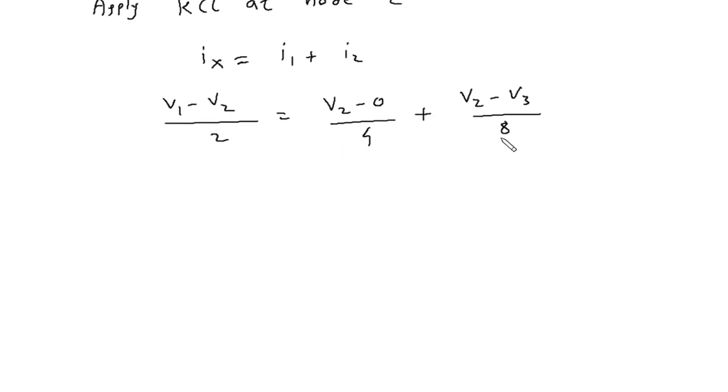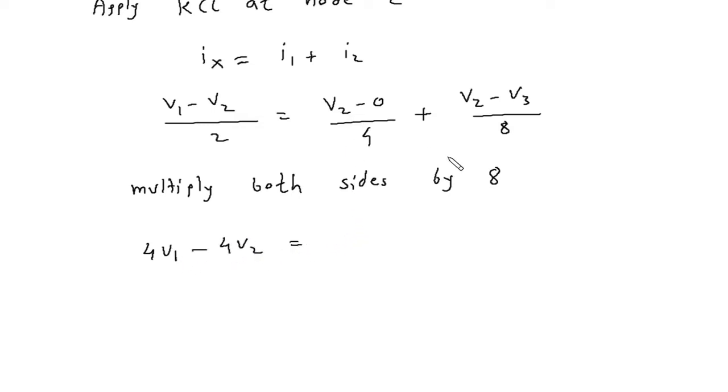Now we will multiply both sides by 8. So this will be 4V1 minus 4V2 is equal to 2V2 plus V2 minus V3.